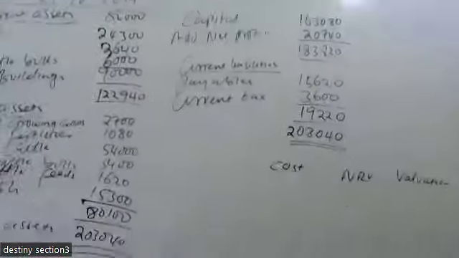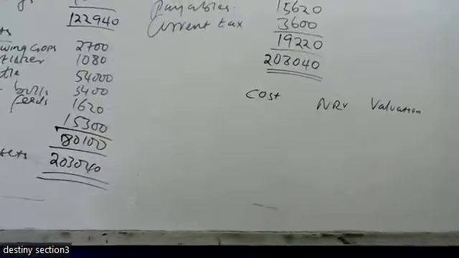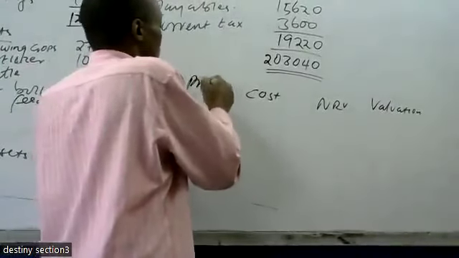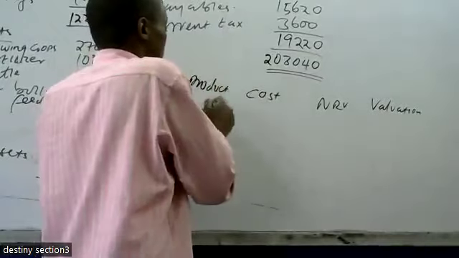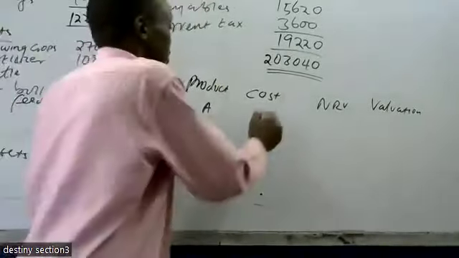Cost, net realizable value, valuation. The cost of A was 100.